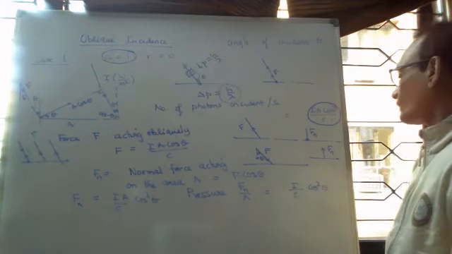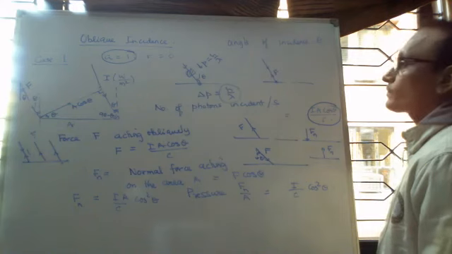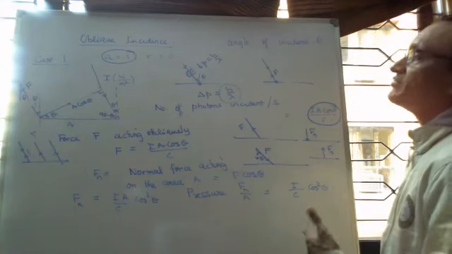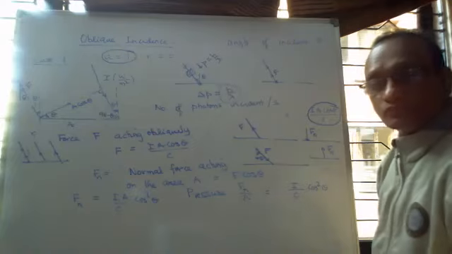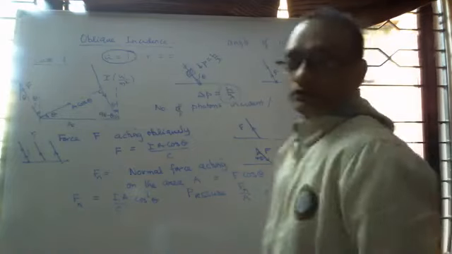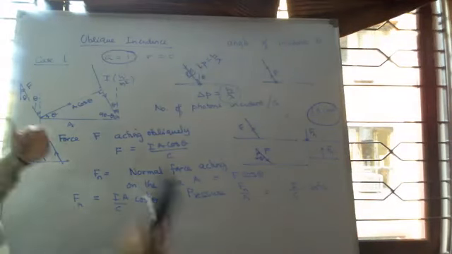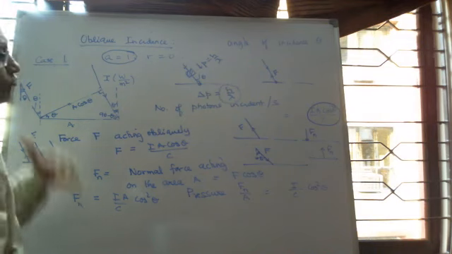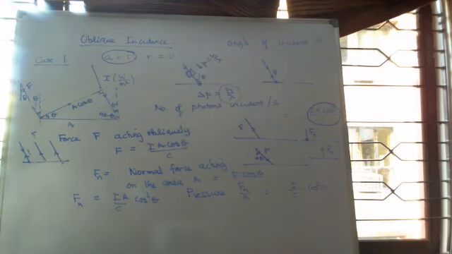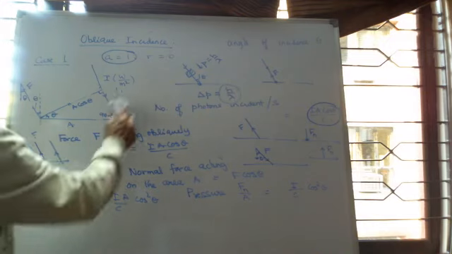This is oblique incidence where absorptivity is 1, reflectivity is 0. Now take the opposite case: absorptivity is 0, reflectivity is 1. That means all photons are getting completely reflected.